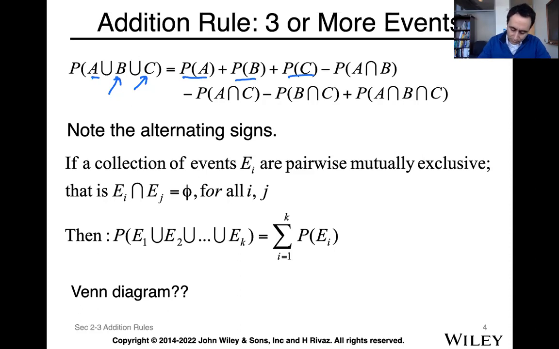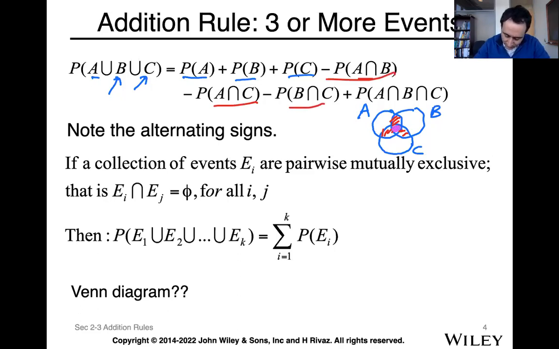Because of that, if we have three sets here, A, B, and C, what happens when we count is that we count the intersections too many times. So we subtract the intersections, and then after we subtract the intersections, we subtract the innermost intersection, which is this part, too many times, which means that we don't actually count this part at all.